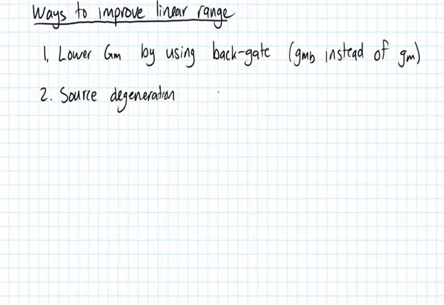And essentially what we do here is, let's say this is the input of our differential amplifier. What we'd like to do is add some sort of degeneration resistor here. And in fact, let's actually go ahead and drive this input from the back gate in order to make use of the above point here.